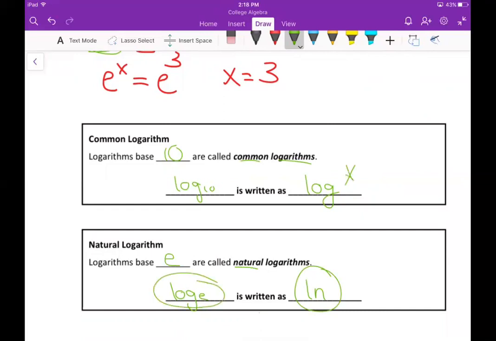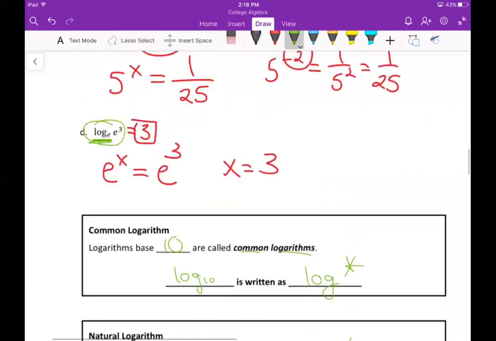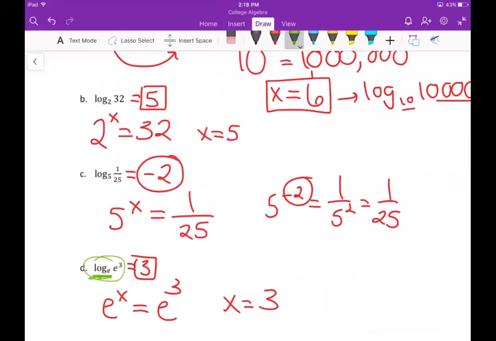Okay, so these two are the most common that we'll see and the only ones that we can evaluate directly in our calculator. Because all the ones I had here, of different bases, log base 2, log base 5, were very carefully picked so that I knew what 2 to a power was to get that 32. I knew 5, I could take it to an easy power to get 1 over 25.